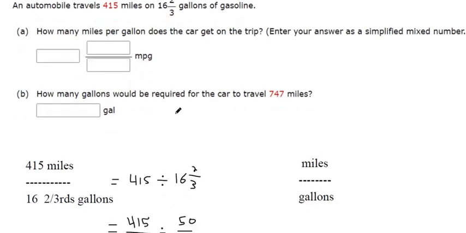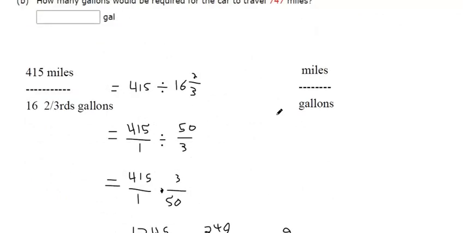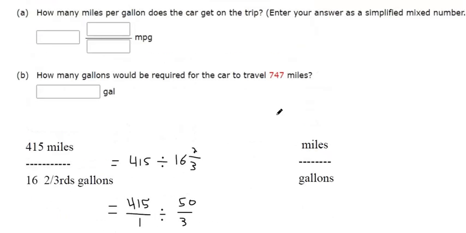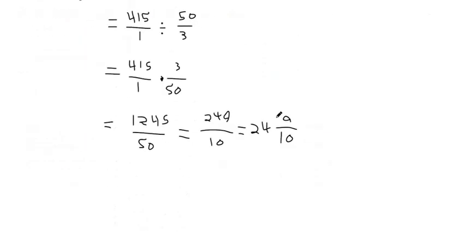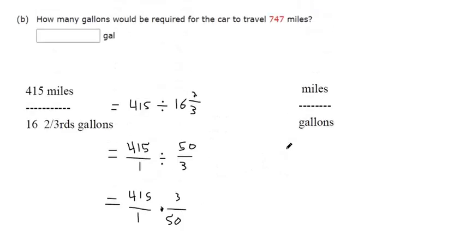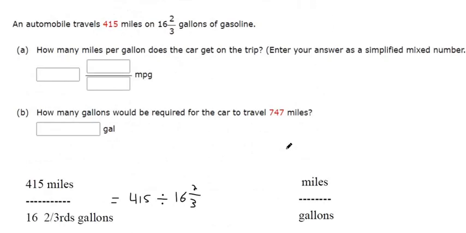Then for part B, how many gallons would be required for the car to travel 747 miles? Let's see, what can we do there? There's two ways I'm thinking of, which one's easier. So we get 24 9/10 miles per gallon, right?